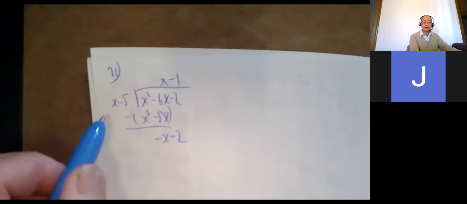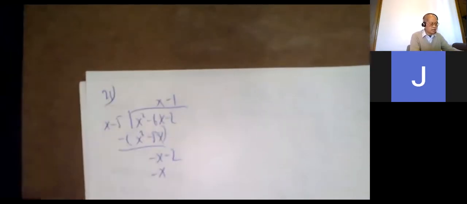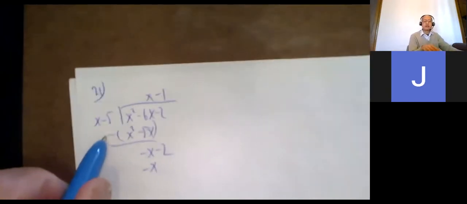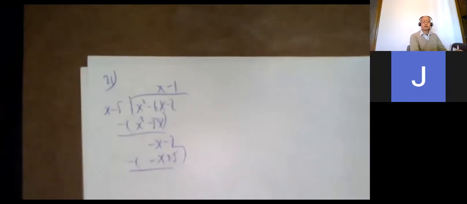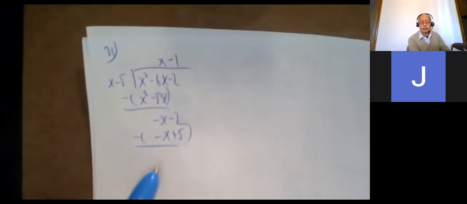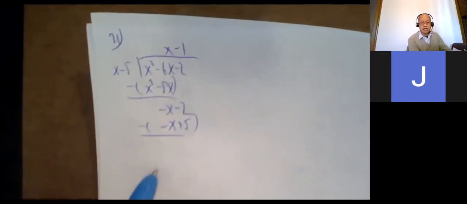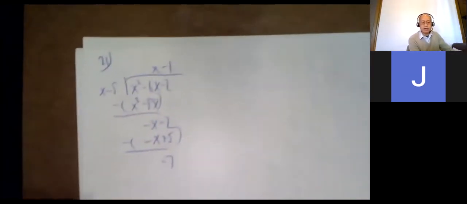Negative 1 times x is negative x. Negative 1 times negative 5 is a positive 5. Subtract. Negative x plus x cancels. Negative 2 minus 5 is negative 7. The remainder is negative 7.